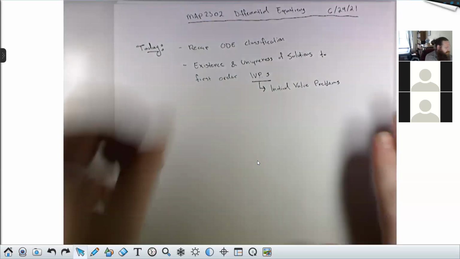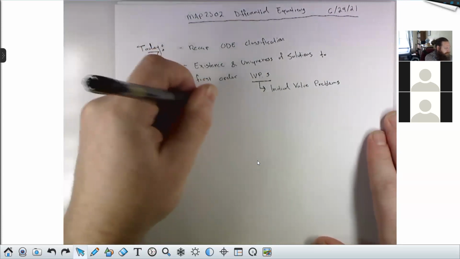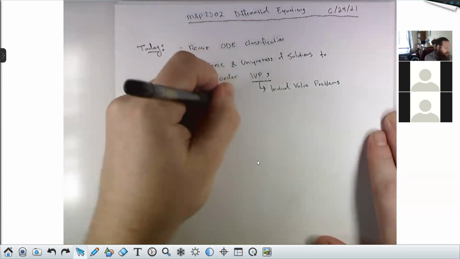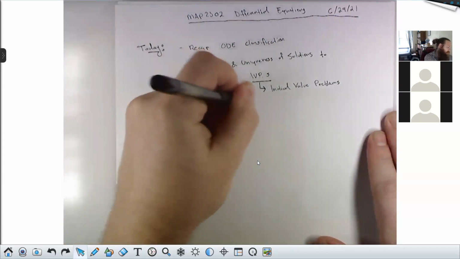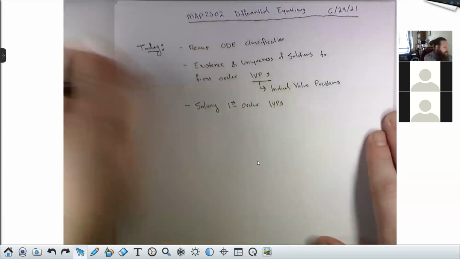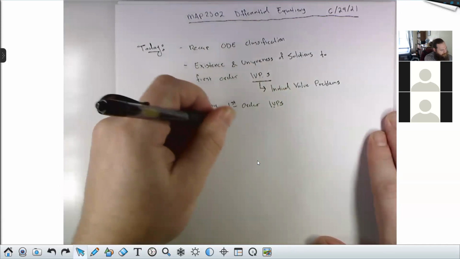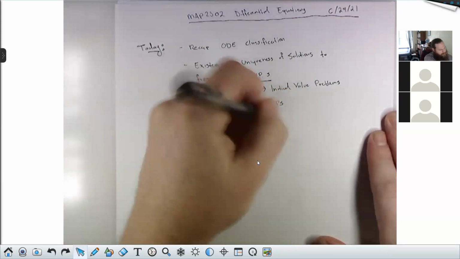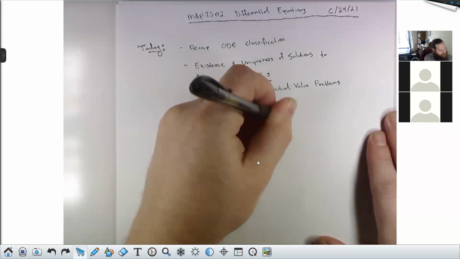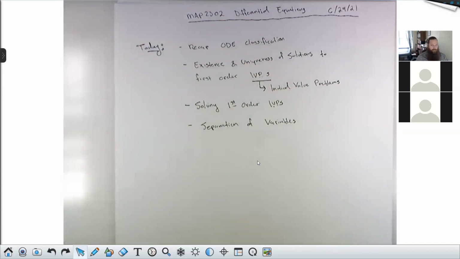Other big stuff today, we're going to talk about solving those particular first order IVPs. And we're going to talk about separation of variables. And separation of variables, again, is that technique that solves most of the important differential equations out there that we know how to solve.